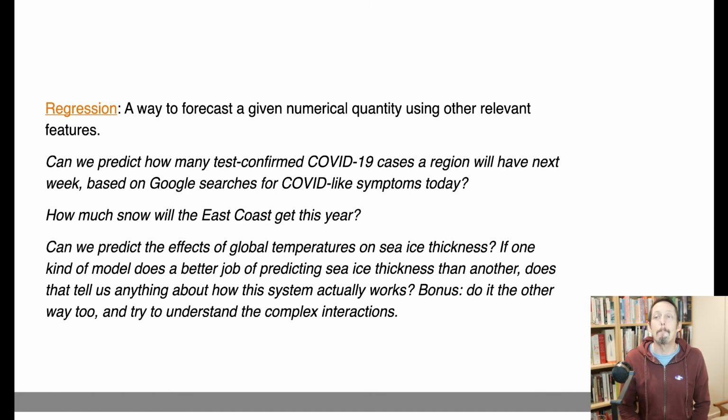All right. So examples are, can we predict how many COVID-19 cases a region will have next week based on Google searches for COVID symptoms today? By the way, this is a real project that has taken place. All right. We want to predict the average number of inches of snow that different locations on the East Coast are going to get this year.